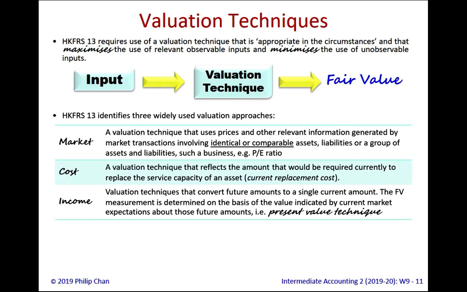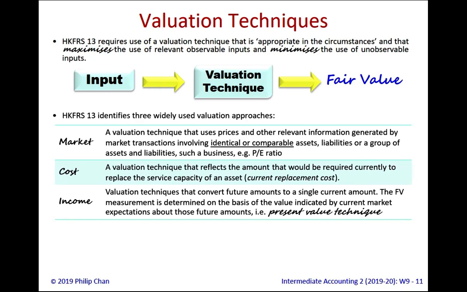Okay, so it would be like market-driven techniques. So you are using valuation techniques from identical or comparable assets to work out your fair value. Of course, you need to make use of the inputs that were provided. Okay, inputs we will consider later on.